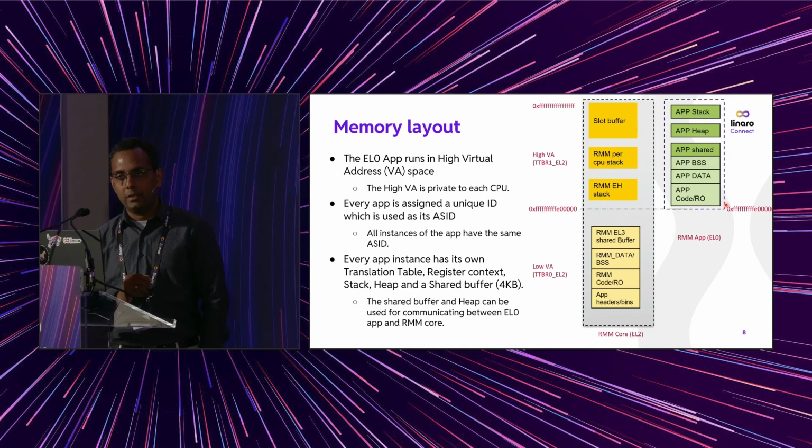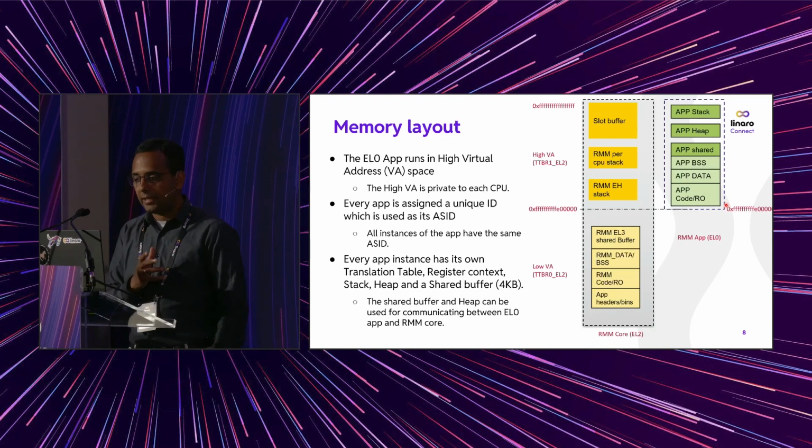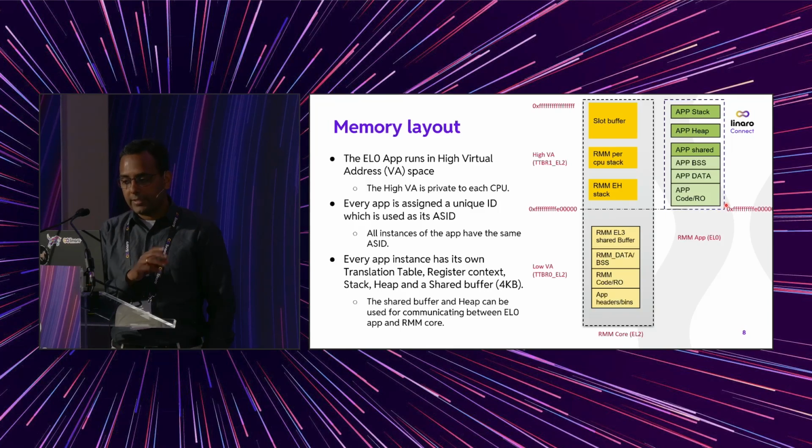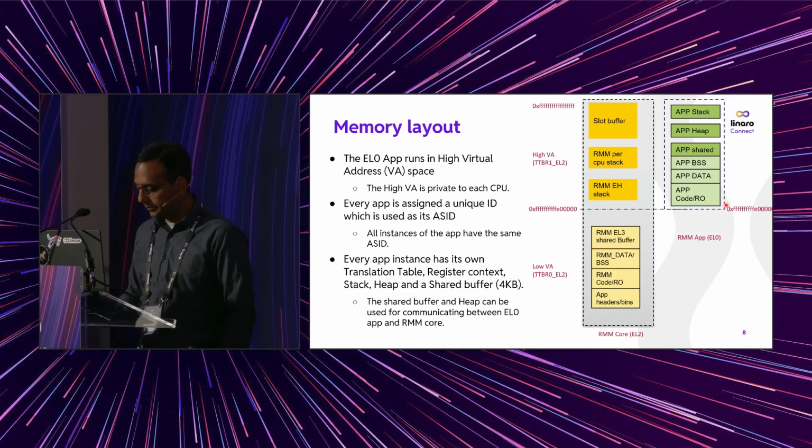The heap is mainly used to avoid the overhead of copying data across the shared buffer every time there needs to be a communication between EL2 and EL0. So if there is some frequently used data that we know can be easily shared using a shared address mapping, we put it on the app heap, and only some infrequent data is passed through the shared buffer.